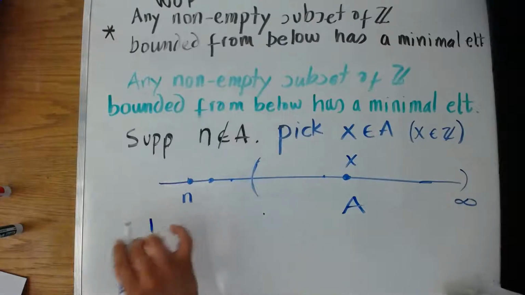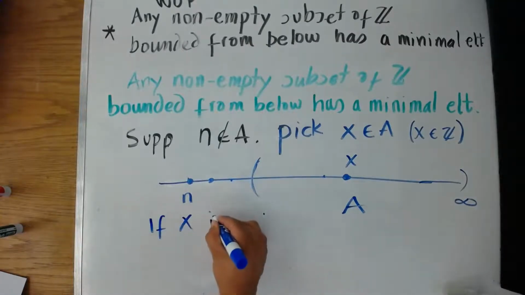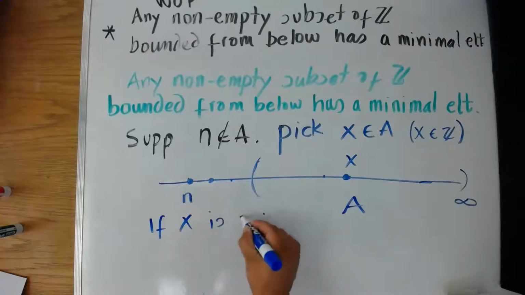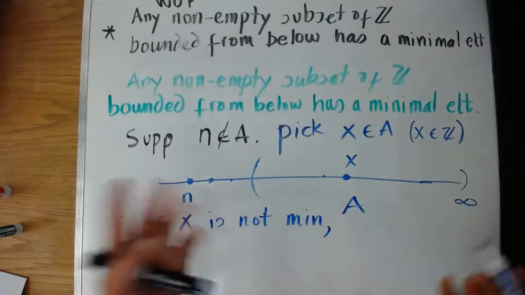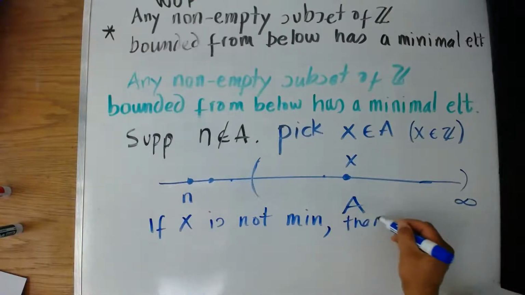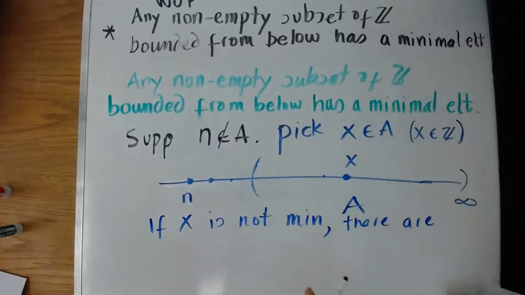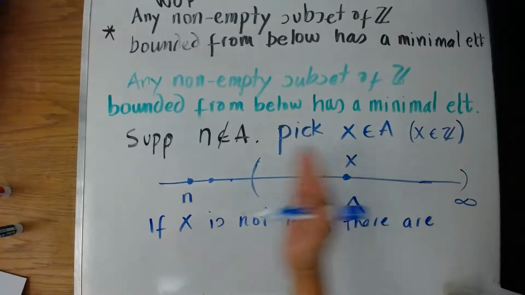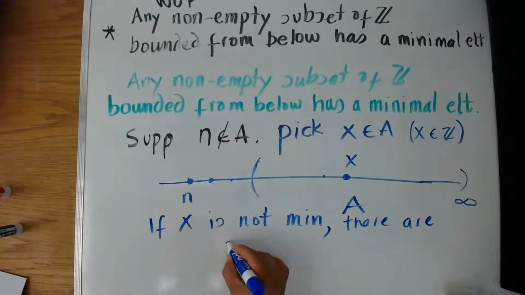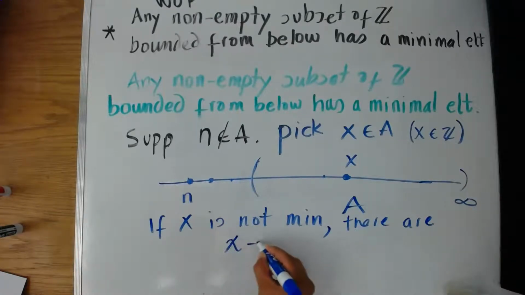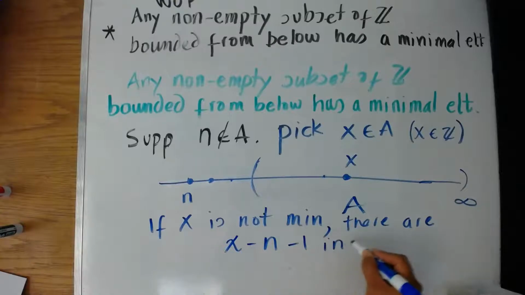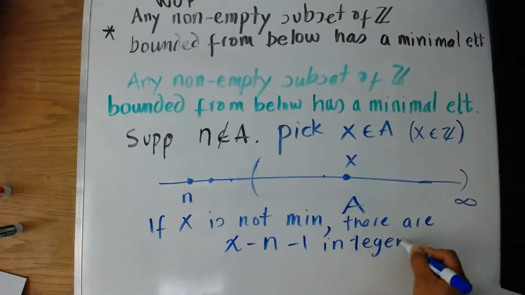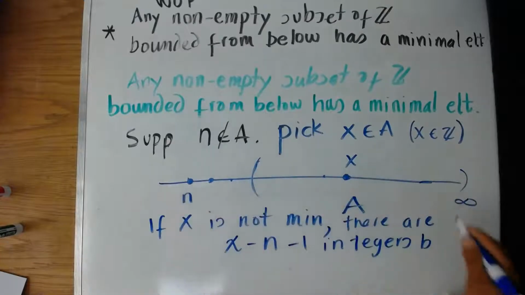So if x is not minimal, there are x minus n minus 1 integers between n and x.